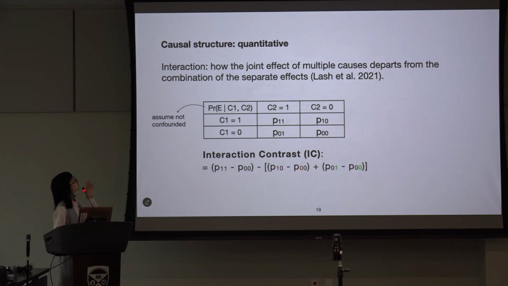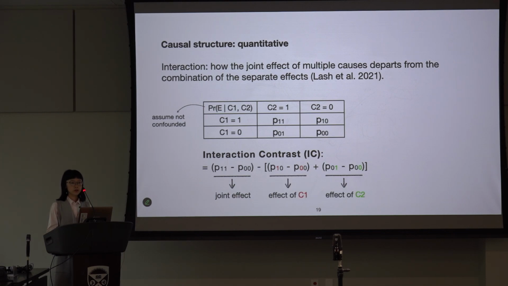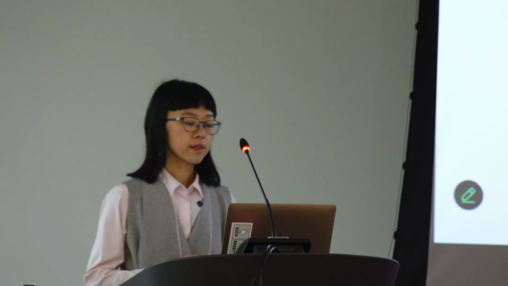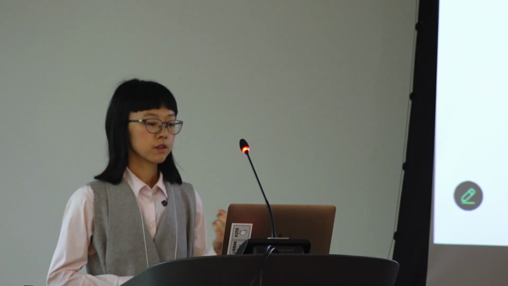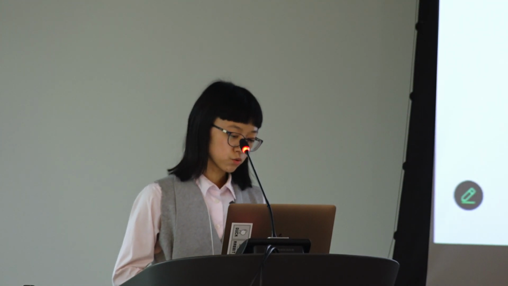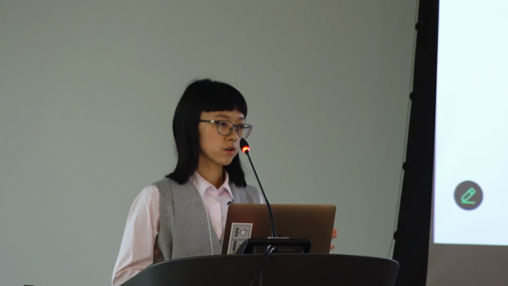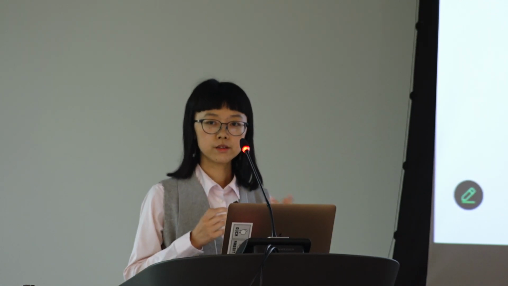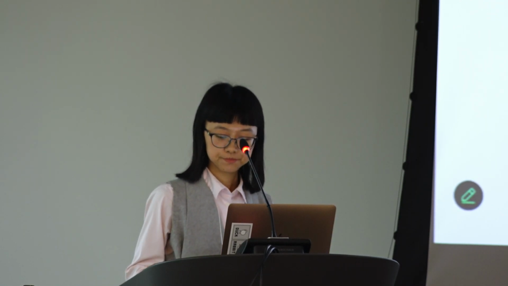And you calculate interaction as the joint effect minus the combination, in this case the addition, of the separate effects of C1 and C2. And depending on whether the IC so calculated is equal to 0, greater than 0, or less than 0, you find whether there is interaction and what the nature of the interaction is.